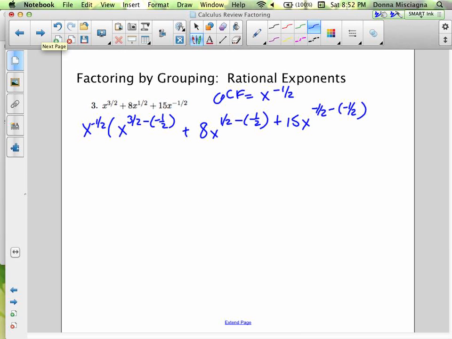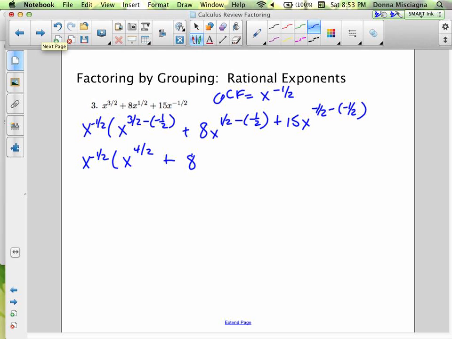All right, so 3/2 plus 1/2 is going to be x to the 4/2. And if you're doing that in your head, you're like, 4/2, that's 2. You can just write x squared. I'm just writing 4/2 because I want to make sure that everyone is okay.